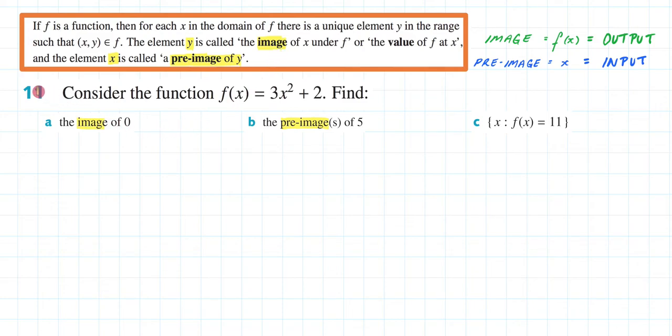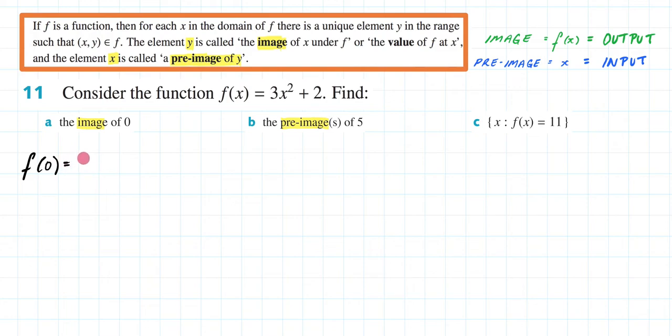So now when I come to 11a, I'm asked to find the image of 0. As you can see here, image is going to be my f of x, which is going to be my output. So what this is really asking me to do is, what will my output be when I put 0 in there? What will my output be when I put 0 as my input?